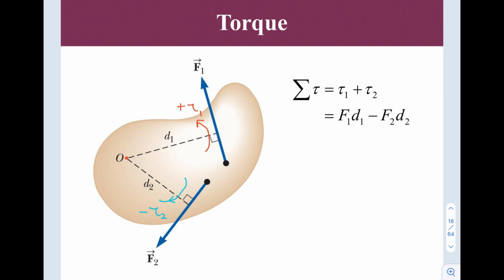So this is torque 2, which is clockwise direction, which is negative. It's already a perpendicular distance, so no need to resolve anything. So in terms of vector, our torque 1 is positive, but our torque 2 is negative.